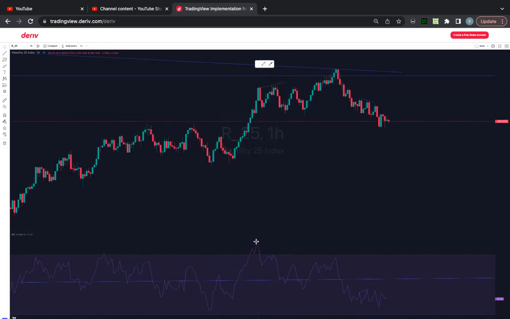But you also have to be good when it comes to taking your stop loss, guys. Sorry, I said stop loss, I'm talking about take profit. When you're taking your take profit, always take note of your nearest insignificant support or resistance.